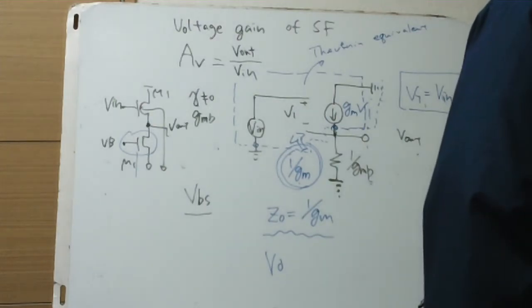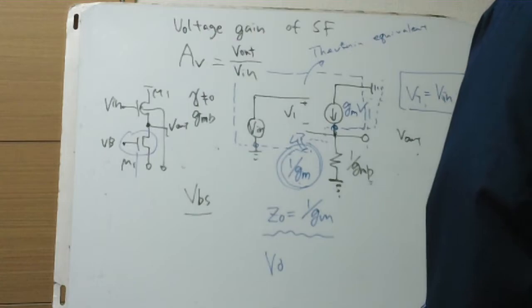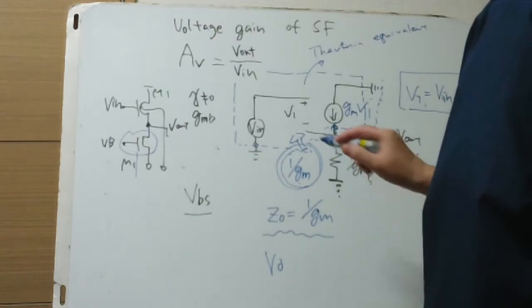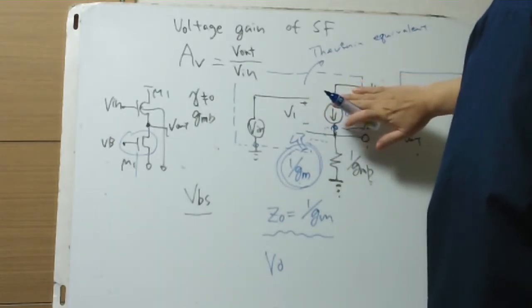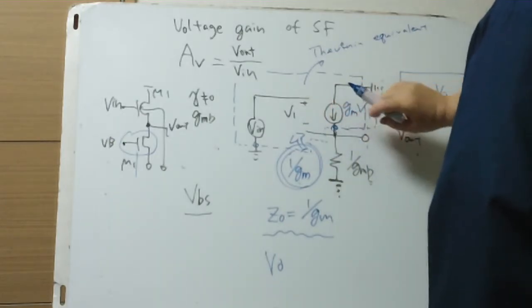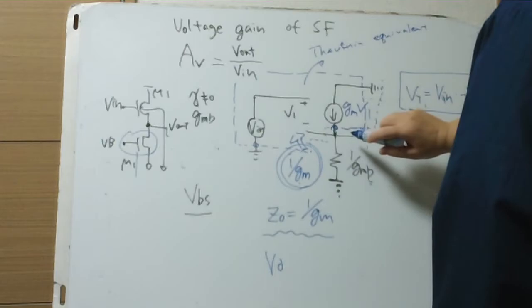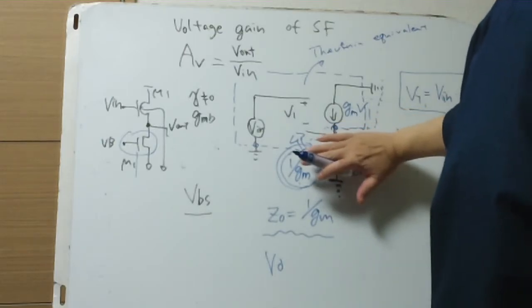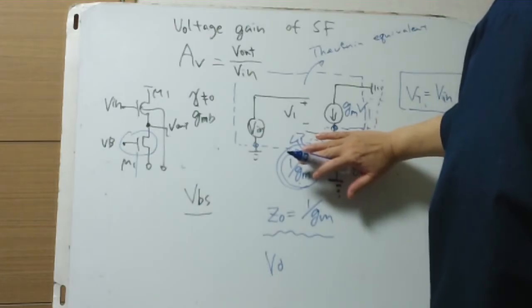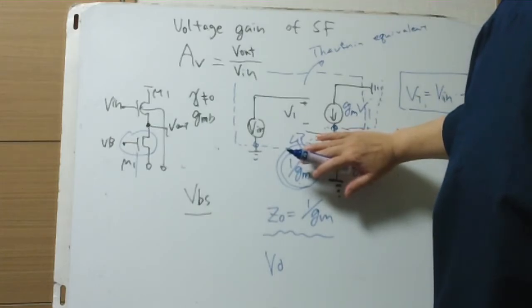But using the principle of superposition, when this is applied and this is opened, excluding this, are there any voltage there? Maybe zero.